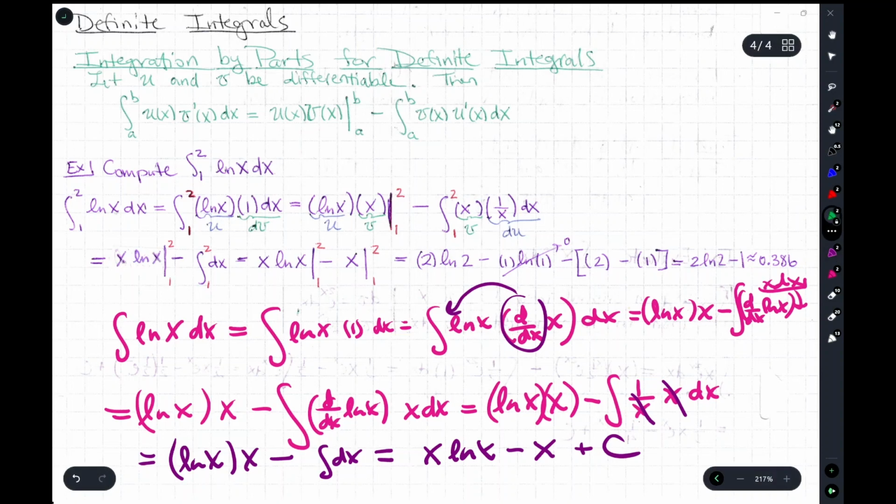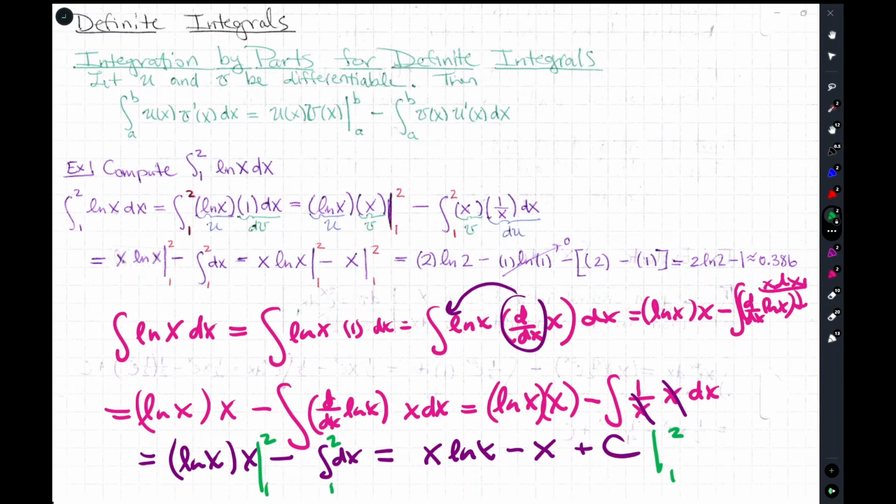And again, to apply the bounds is pretty straightforward. I did the indefinite integral there, but if you just apply the bounds at the end too, 1 to 2, you would get the same answer that we had above.